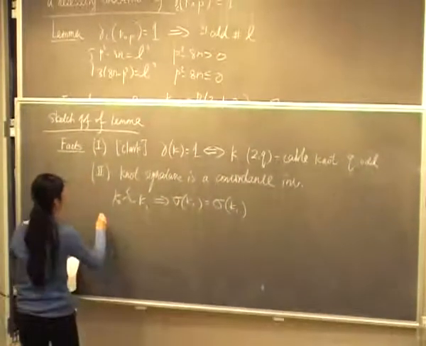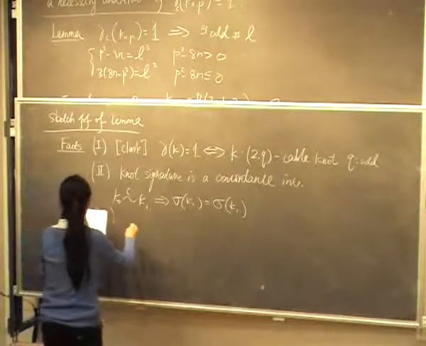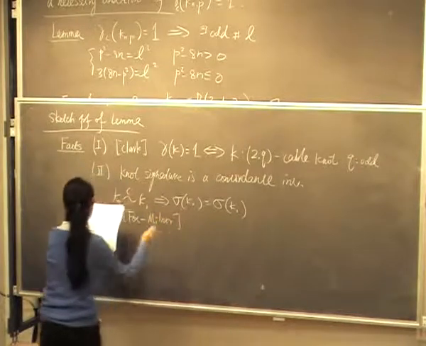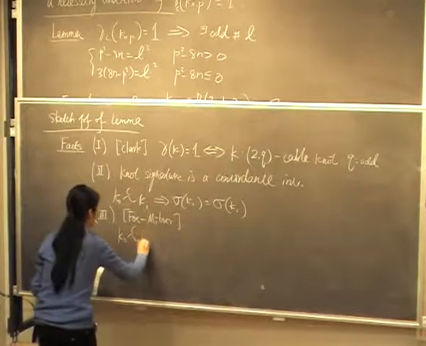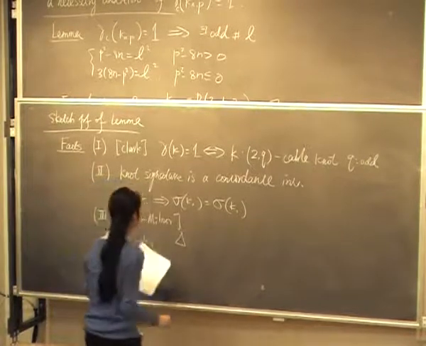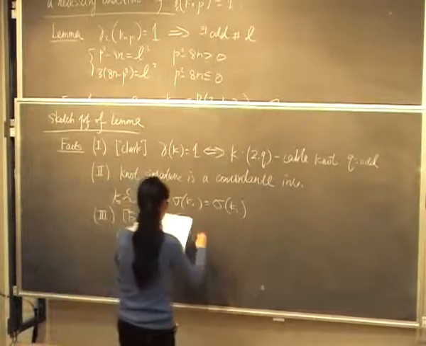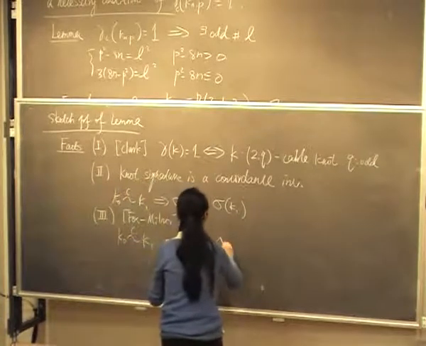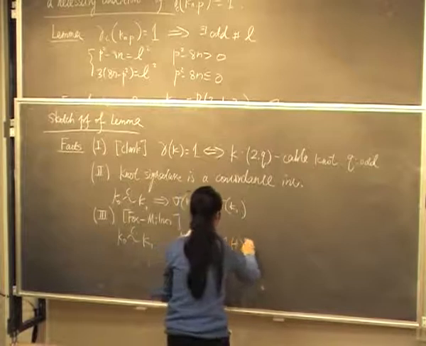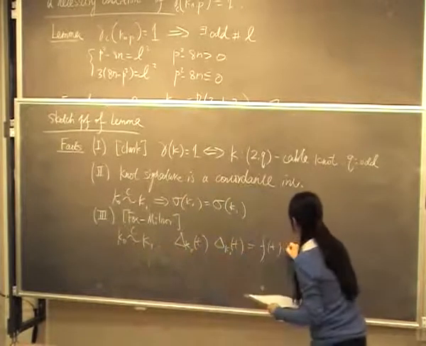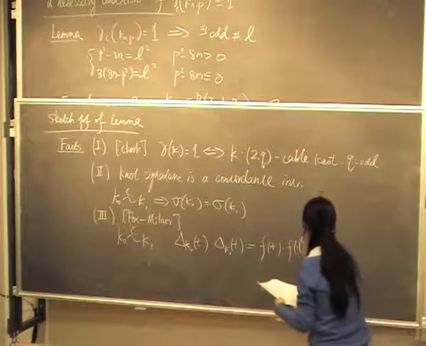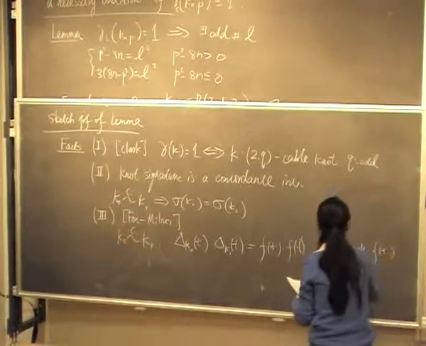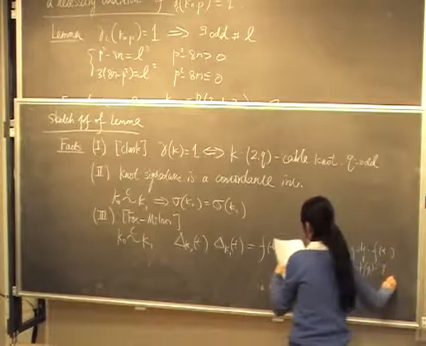And we have fact 3. According to Fox and Milnor, if K0 is concordant to K1, then the Alexander polynomial is of such form: the Alexander polynomial of K0 times the Alexander polynomial of K1 is equal to f(t) times f(t inverse), where there exists some polynomial f(t) with f(1) equal to 1.